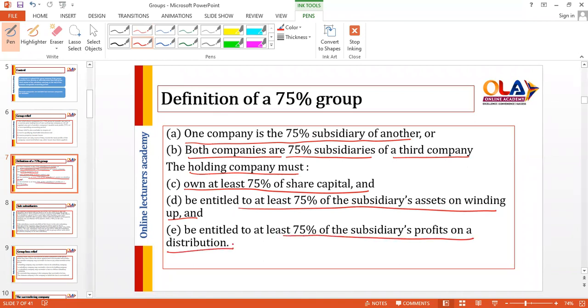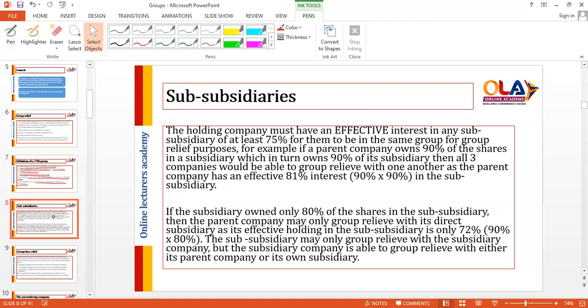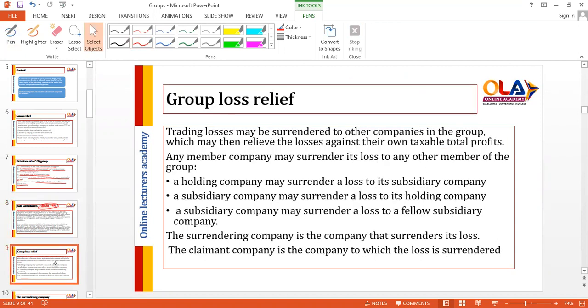These three definitions can be applied. For a sub-subsidiary, we have to count the effective interest, not the direct percentage; the effective 75% is needed. This is important because for a gain group there is something different.